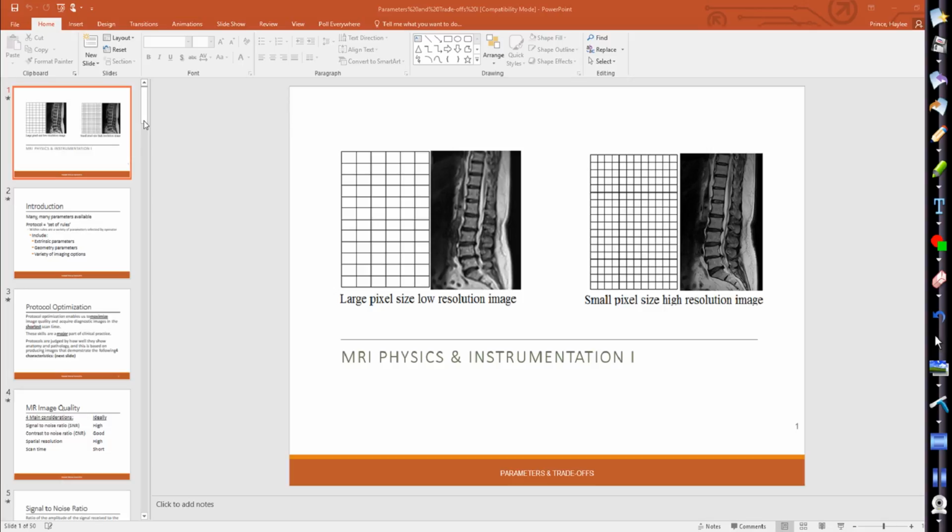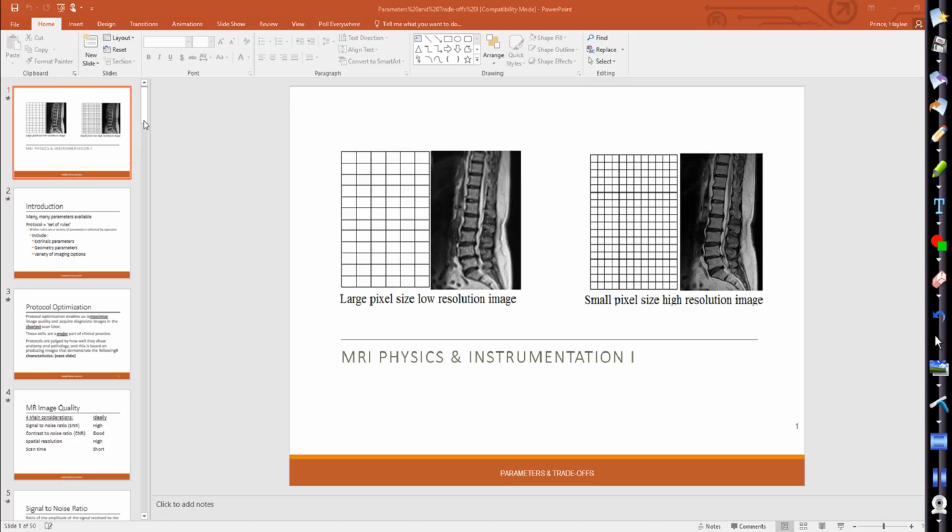So I created a kind of a PDF that's a quick snapshot of the chapter. But the first thing we're going to talk about is that balance. And the main things you're balancing at all times in MRI is your signal-to-noise ratio, SNR, your scan time, and your spatial resolution. Because those three things are going to be a big factor when we're talking about image quality. Because for MRI, we want the greatest image quality, right?